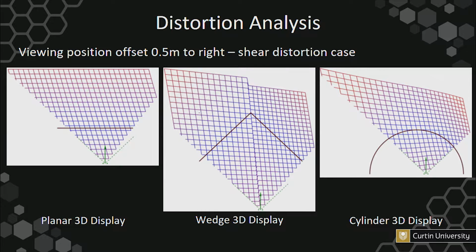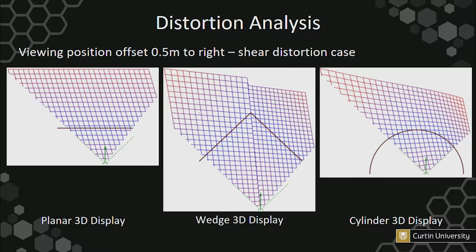And what we notice is that here, as you move half a metre to the right of the viewing position, you get this warping, and the red colour represents an increasing amount of distortion away from the original position. What's really interesting is that the wedge display at this corner here, you get a bit of a shear effect, which is what we were noticing.